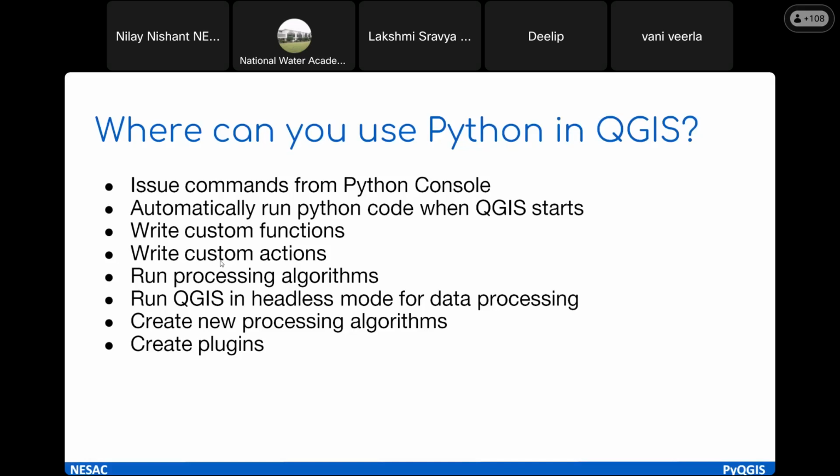So this kind of a scheduled operation can also be executed using QGIS in a headless mode for data processing and output generation. In this case, you need not start QGIS. You can basically run a shell script of QGIS.